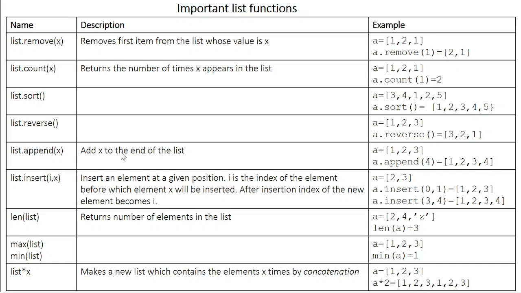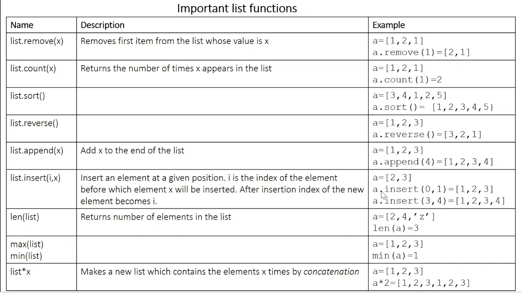On the other hand, if you want to add an element in between, then you can use the function insert. When you say list.insert(i, x), it inserts an element at a given position. Here, i is the index of the element before which x will be inserted. I can illustrate this with an example. Suppose you have a list A equal to [2, 3] and you want to add an element 1 before the element 2. Now if you look at the list A, 2 is at position 0. This is the 0th index, right?